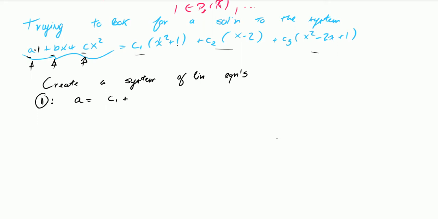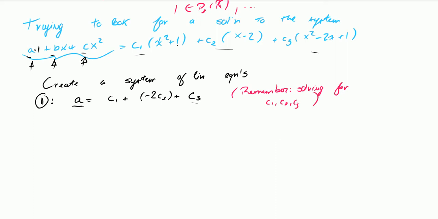So c2 times minus 2, I can write plus minus 2c2, plus c3 times 1, plus c3. So that's my first equation. Just pretend that this was like a 5 and you were solving for c1, c2, c3. So always remember that you're solving for c1, c2, c3.